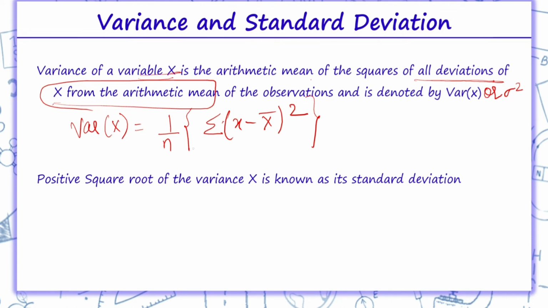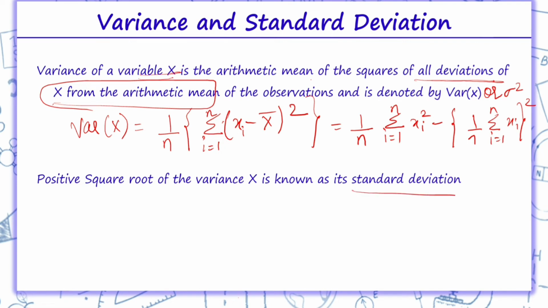Here the summation indicates i equals 1 to n, and we get 1 upon n summation i equals 1 to n of xi square minus (1 upon n summation i equals 1 to n of xi) whole square. But if the finite number of terms is given, then we directly write summation of (x minus x mean) whole square upon n.